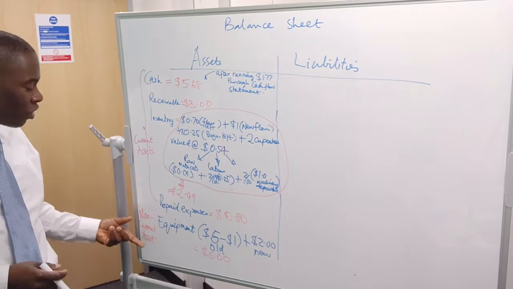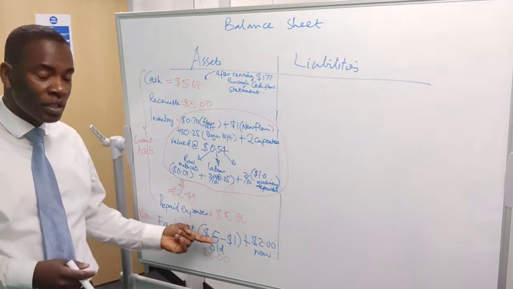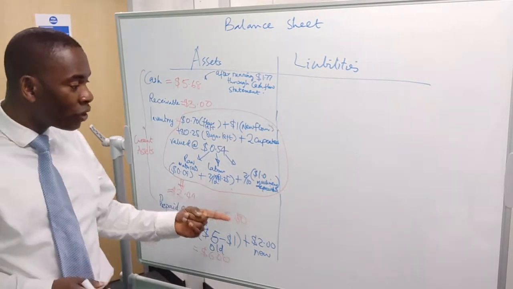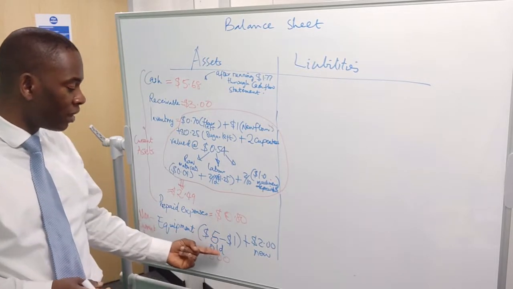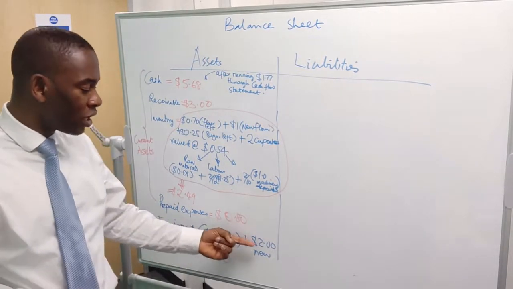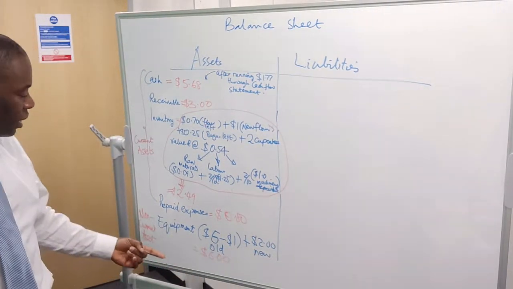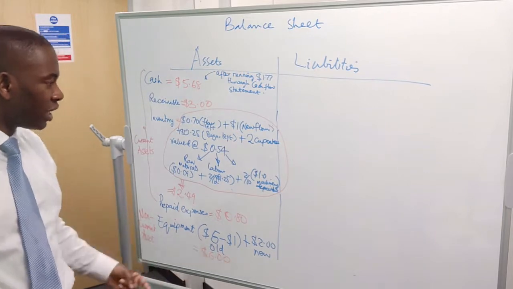Then the non-current asset, which is the equipment, is $5, which we bought at the very beginning, less the $1 for depreciation, which leaves the old equipment valued at $4, plus $2 of new equipment. So it then means that our equipment total is going to be $6.